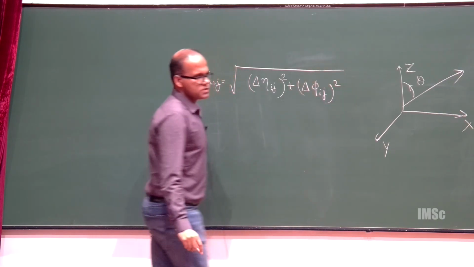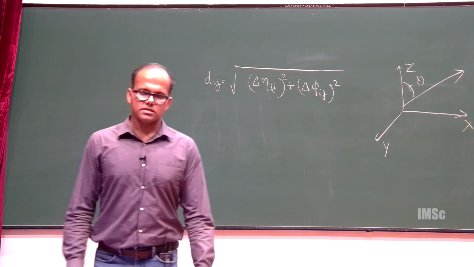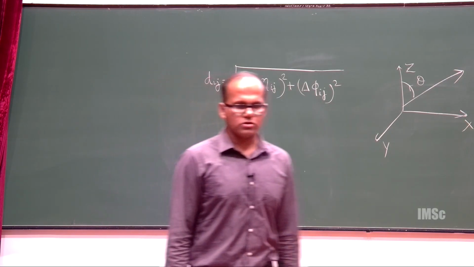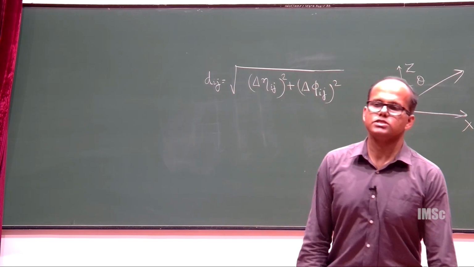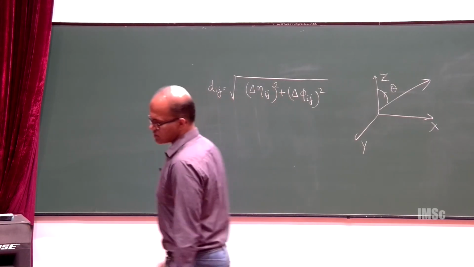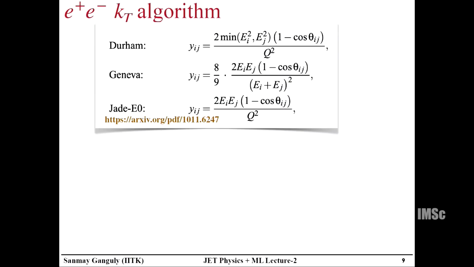Only these angles, which are scaleless objects, but nothing said this has to be the only definition of so-called distance between two particles. You can change the definition of distance. So people started incorporating the energy of those particles in the definition of the distance, normalized to keep the actual Yij a dimensionless object. Okay. So let's see how they were used.